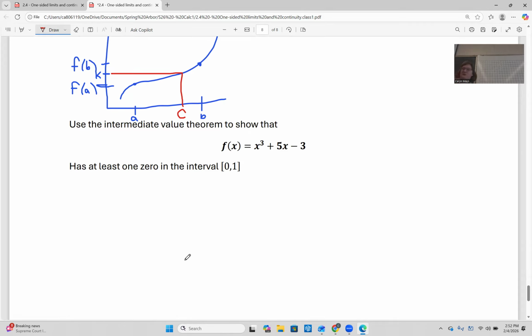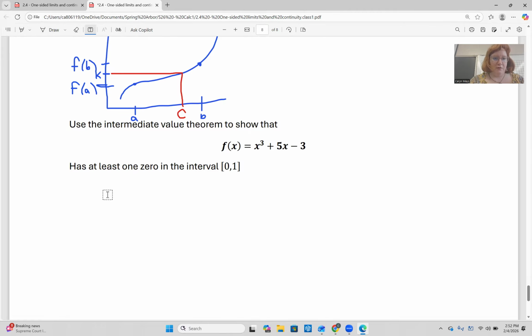There's some decimal solution. The intermediate value theorem says for there to be a 0, if I plug in 0 here and I plug in 1, those would need to be different signs, ultimately. So let's actually try plugging in f of 0 and f of 1.